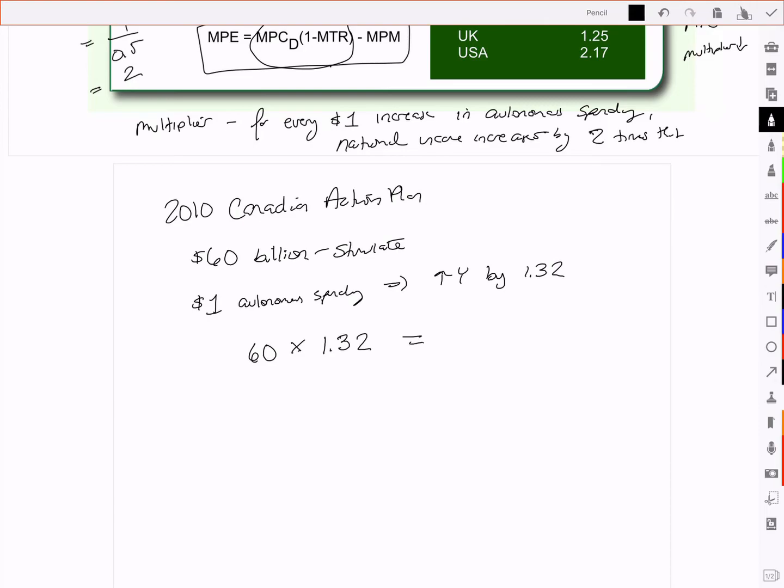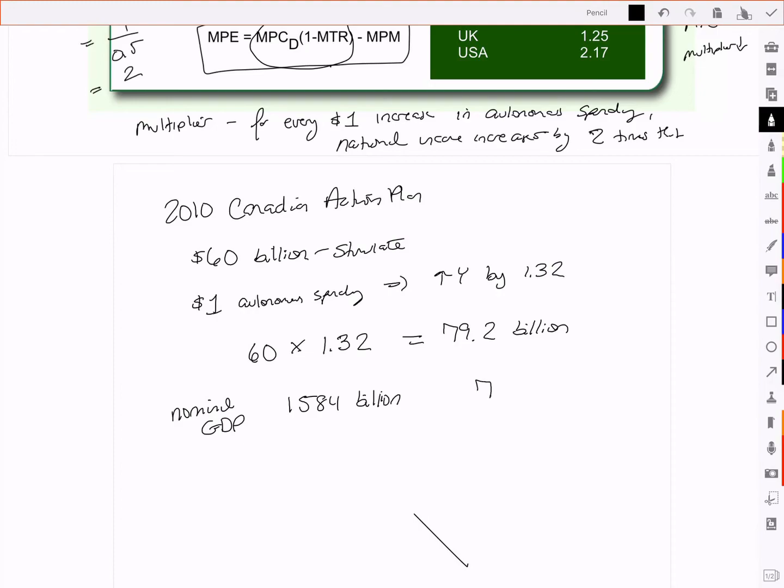So 60 times 1.32 is $79.2 billion. Well, why does this matter? Well, the nominal GDP in 2010 was 1.58 trillion, or 1584 billion.